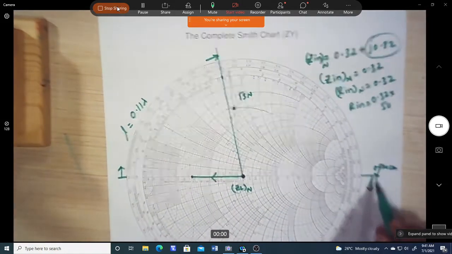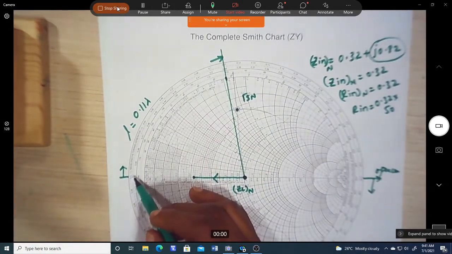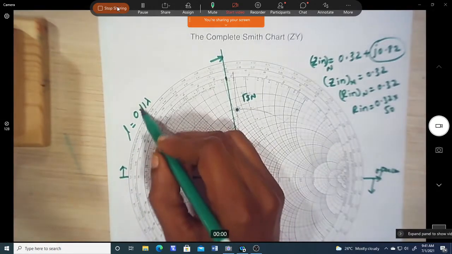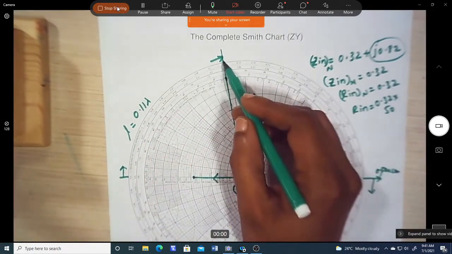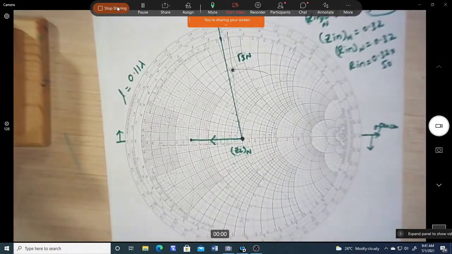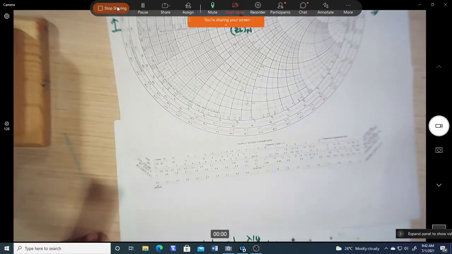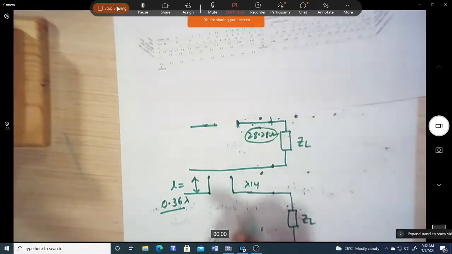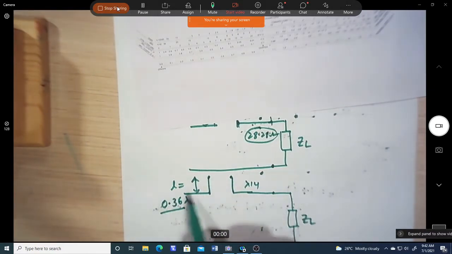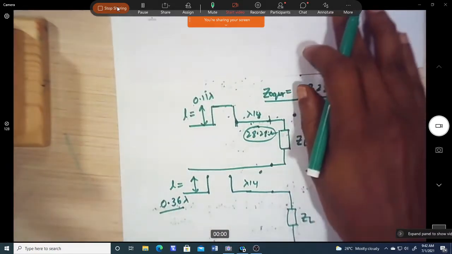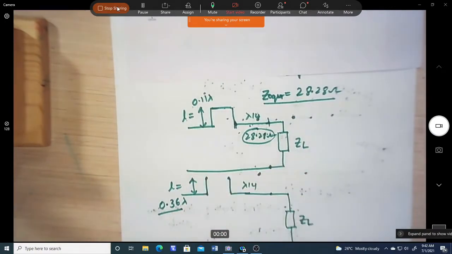From here to here is half of the length, that is 0.25. If you add 0.25 to 0.11, you get 0.25 plus 0.11, which gives 0.36 lambda. This is the series open circuited stub. So in the second solution we get 0.36 lambda, and in the first solution we get 0.11 lambda.